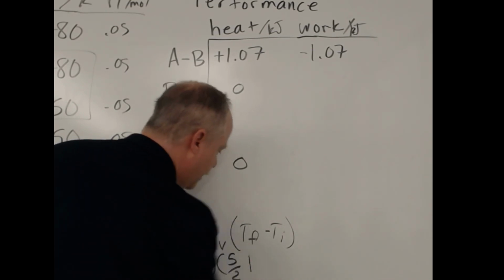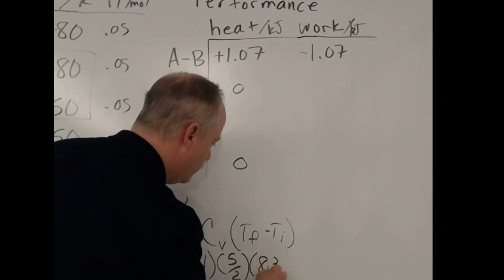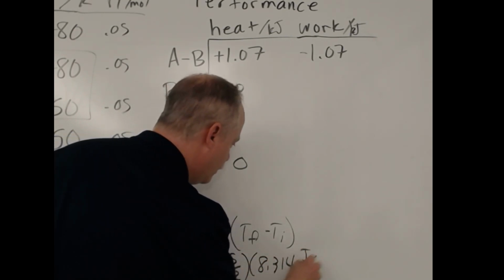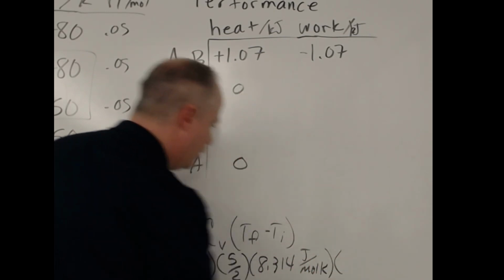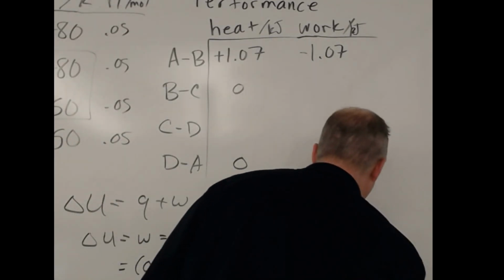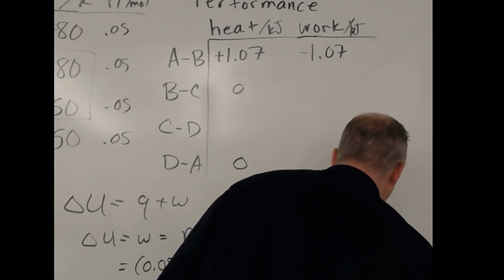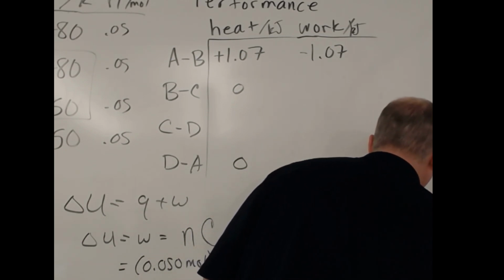I'm going to go ahead and put in the 8.3. And so then T final, because we're going from B to C, final is 1350, and initial is 1780. So 1350 minus, that's Kelvin, minus 1780.